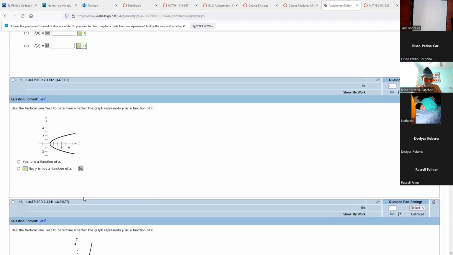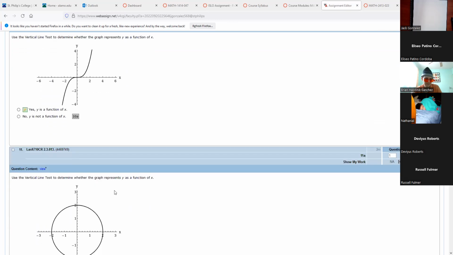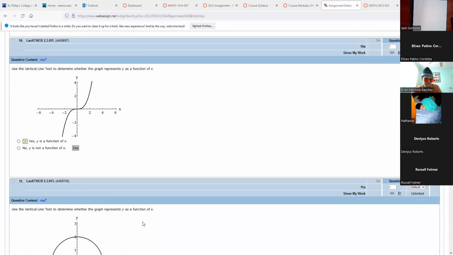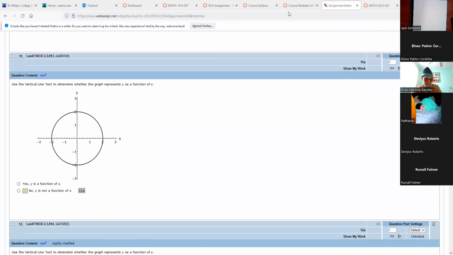Any questions on 9 and 10? Does that make sense? Do you see why or why not these graphs are functions? Yeah, it makes sense. And the circle is the famous one. Circles are not functions. They are relations.